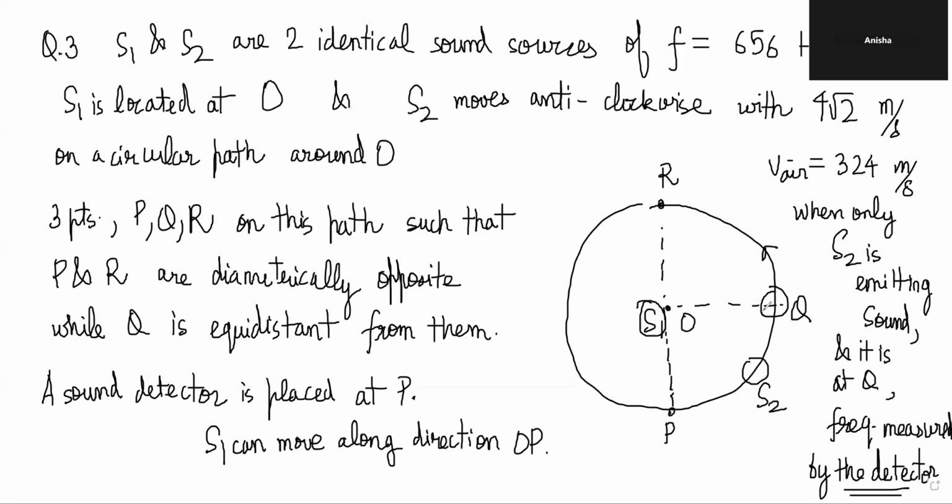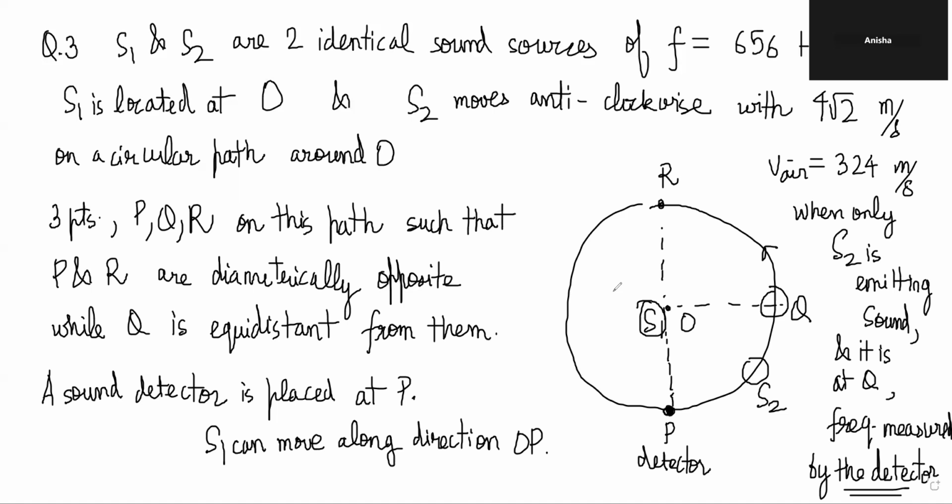And the detector is placed at point P, right? Yes. This is the detector. Okay, we don't have to worry about S1 at all here, I think, because only S2 is emitting sound.